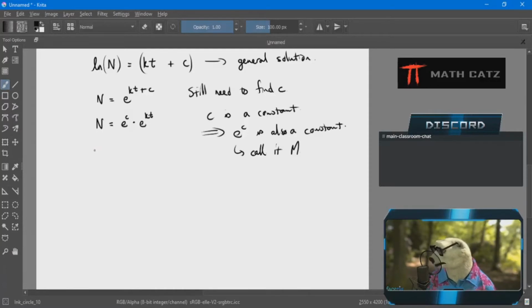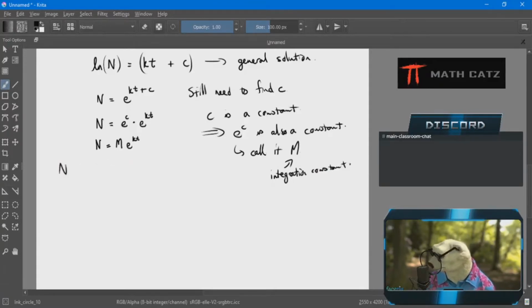Doesn't matter. Some books I've seen use an M, so let's use an M. So now M is just another version of my integration constant. This is still an integration constant, but soon it's going to be a much nicer version.